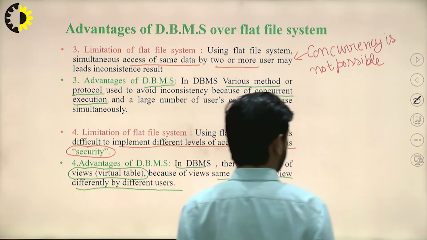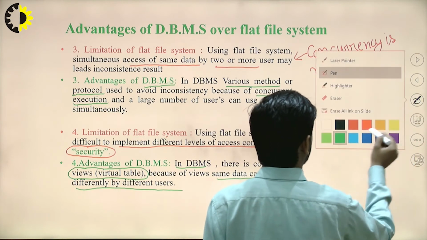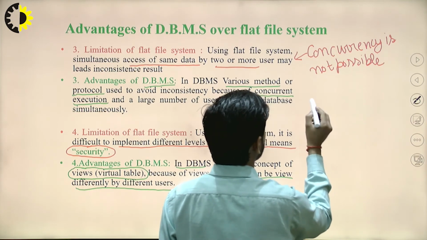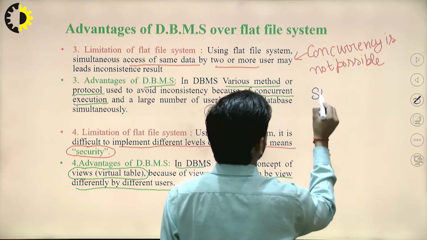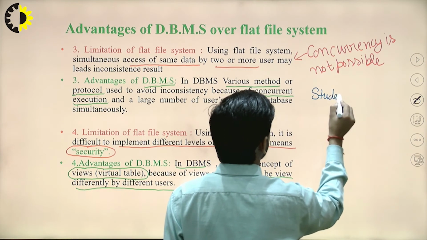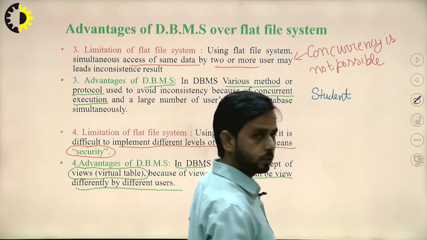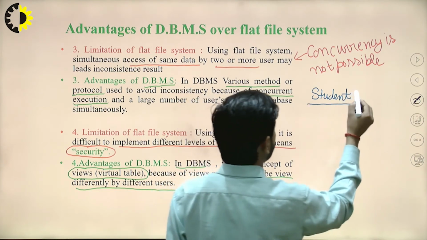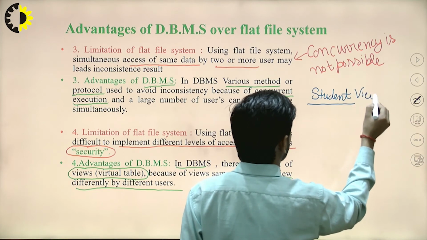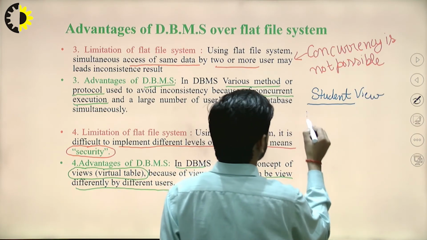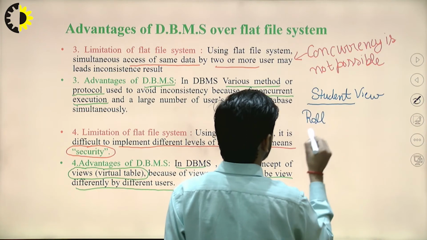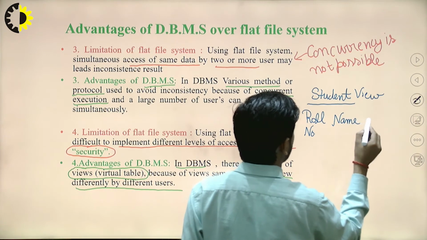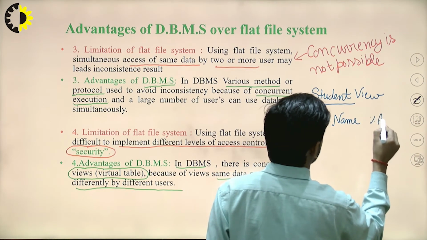Let's see an example. Suppose there is a database of students. In the student view, there is the roll number of the student, name of the student, and percentage of attendance.